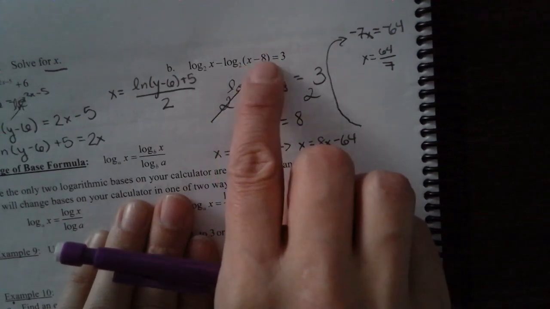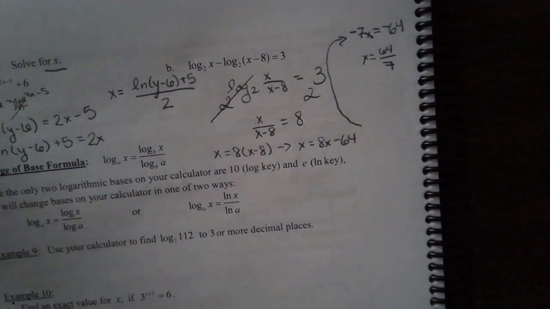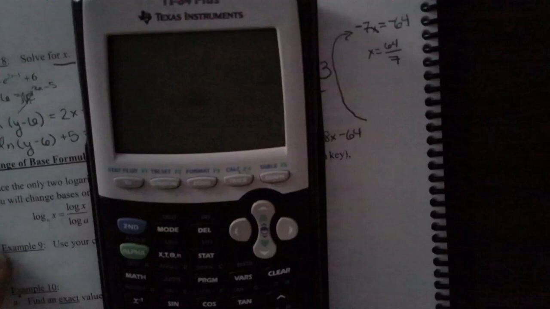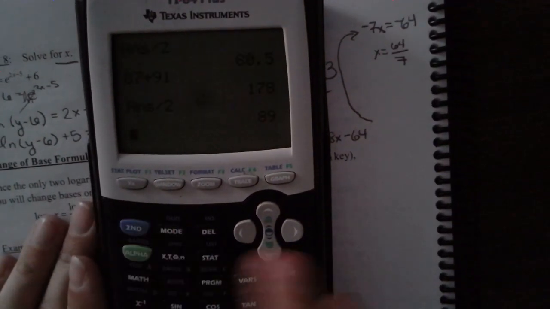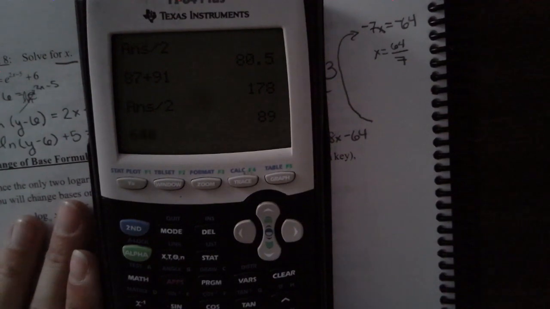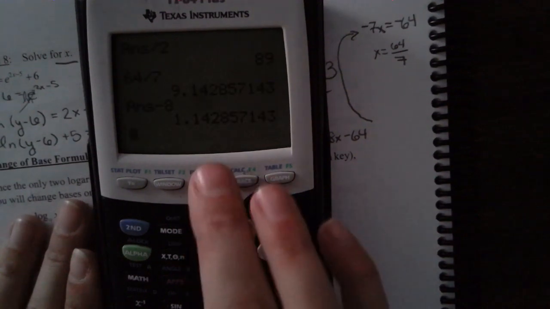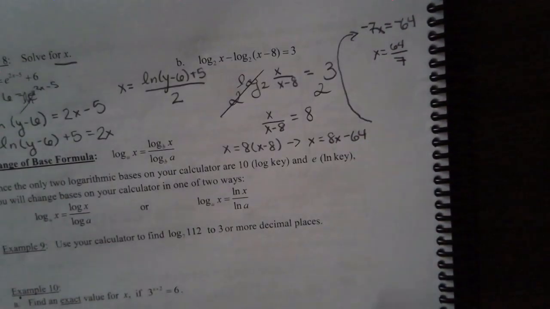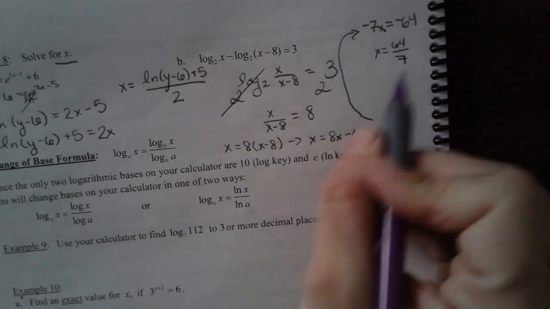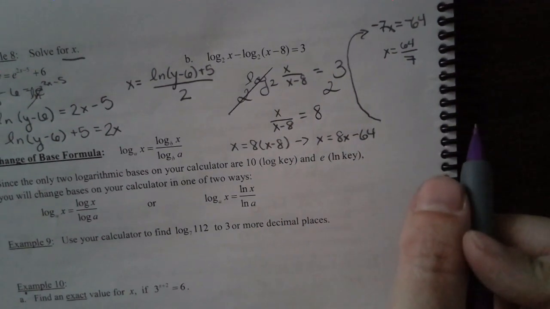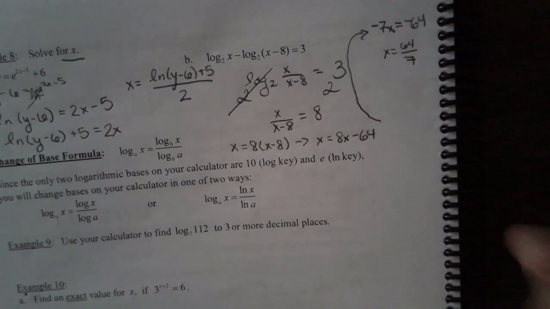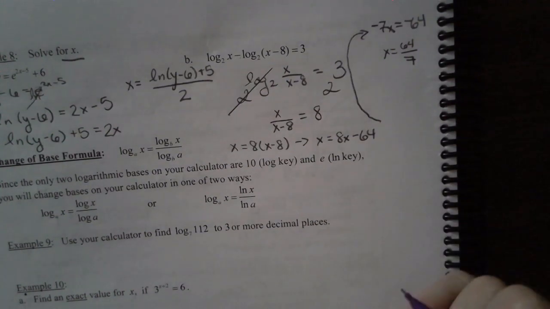If we did 64 over 7, oops, sorry, it's a little dark, don't forget the lights are off here. 64 divided by 7, and we subtract 8, we still get a positive number, so this answer is good. If it turned out to be negative, we cannot do a log of a negative number, so then we would cross it out.